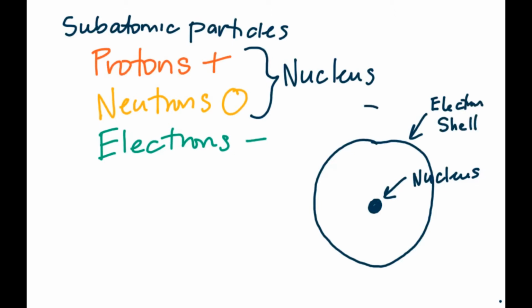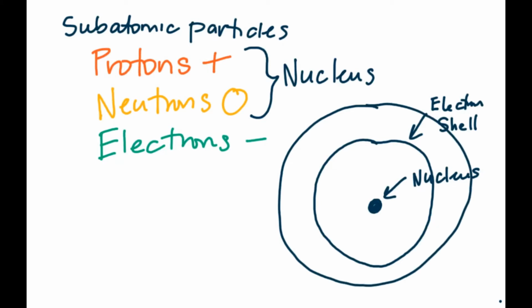And there actually can be many electron shells. Okay, so I can even draw more of those. So those are electron shells. So protons and neutrons are going to be found in the nucleus. And electrons are going to be found on these outer shells. Okay? And it turns out that the number of electrons that can be on those outer shells is going to be different, and I will talk about how many can be on each shell.